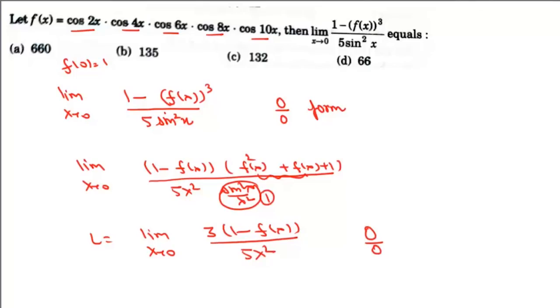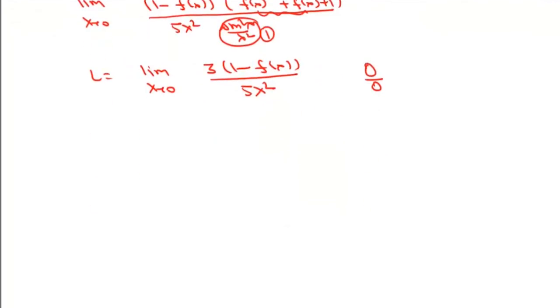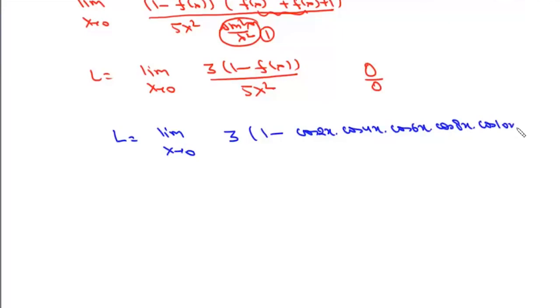Now f(x) is cos 2x into cos 4x into cos 6x into cos 8x into cos 10x, whole divided by 5x square.